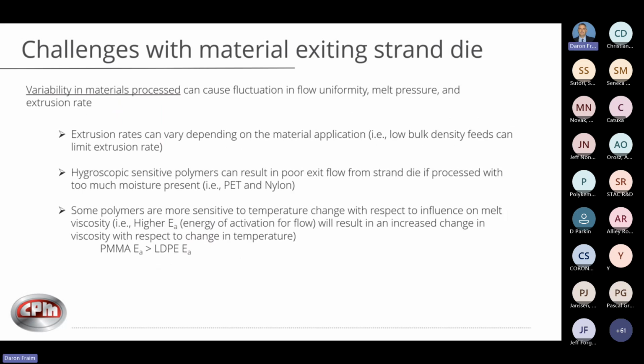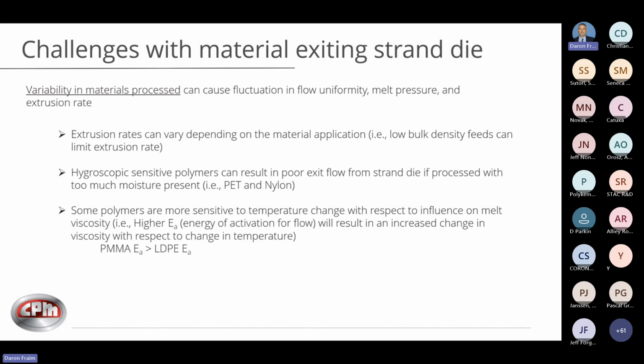And we talked a little bit about the materials processed. Your extrusion rates, if they vary on that machine, you may see variable flow on that strand die. Again, a lot of times this can be material dependent, depending on the components you're feeding. If you have no trouble feeding all your components, you can run that machine at higher rates, whereas some material feeds can be challenging.